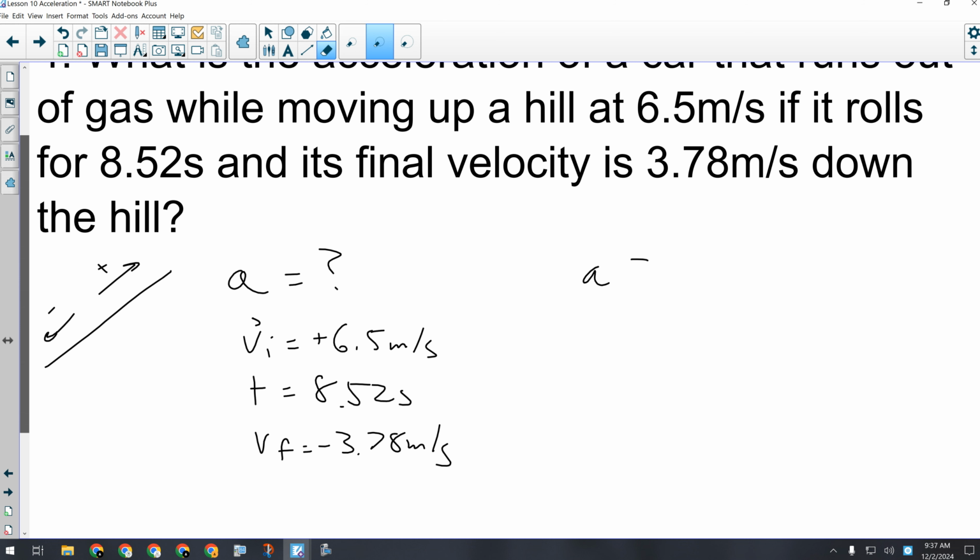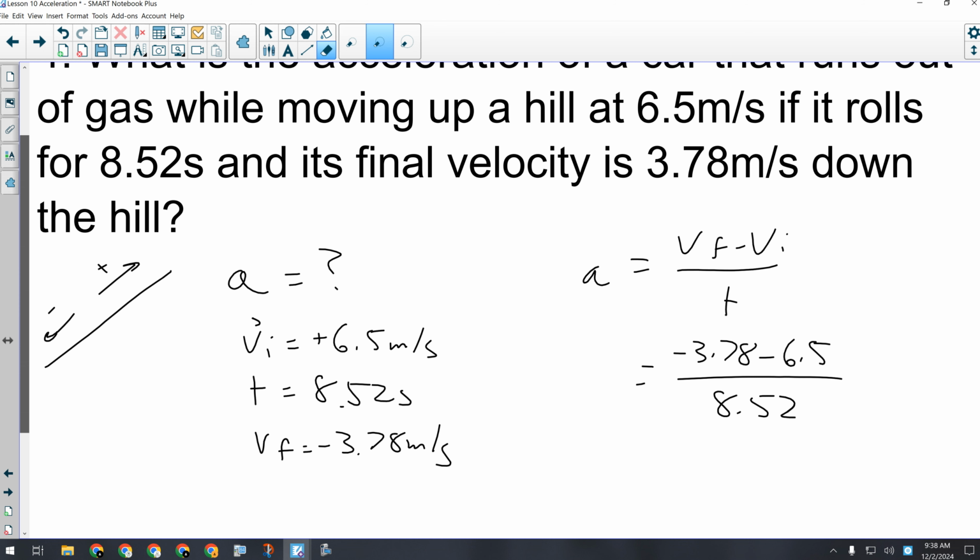Okay, so a is going to equal vf minus vi over t. So we'll have negative 3.78 minus positive 6.5, and then divide that by 8.52. That's scalar, so that can't be negative. All right, am I going to get a negative number on the top here?